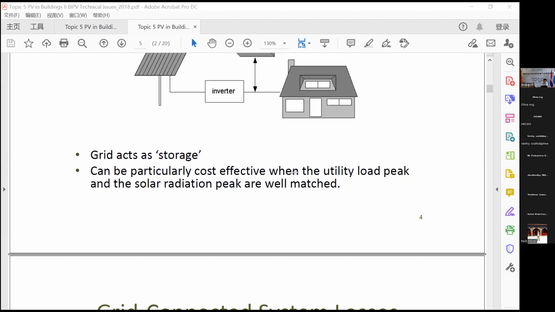We can only say that the solar cell is clean, with no pollution during its operational period, which normally lasts 10 to 20 years. The fabrication and the recycling of silicon-based solar cells definitely will consume some energy and sometimes will cause some pollution.